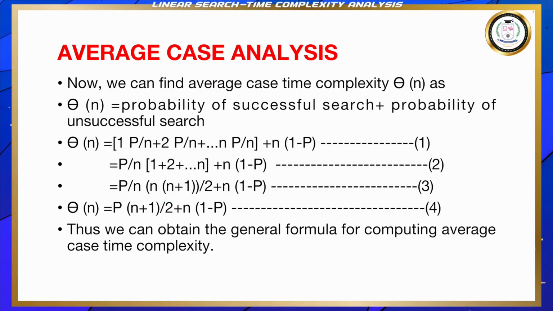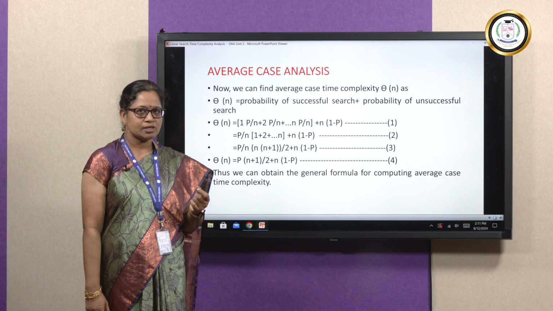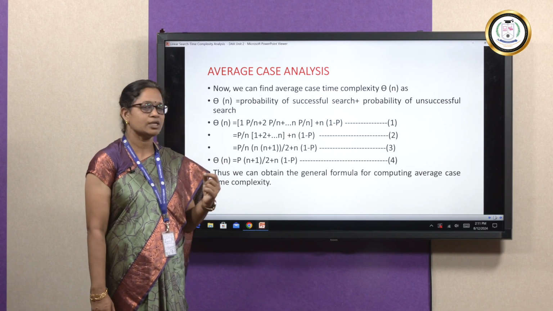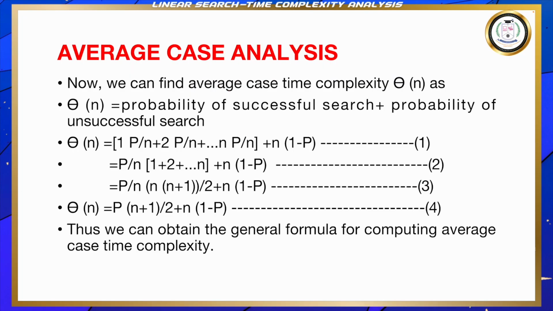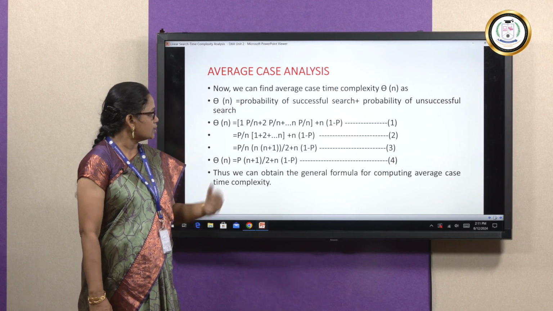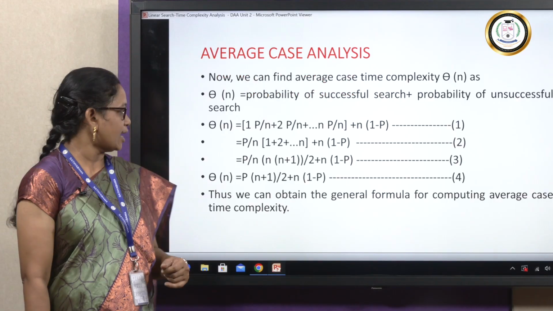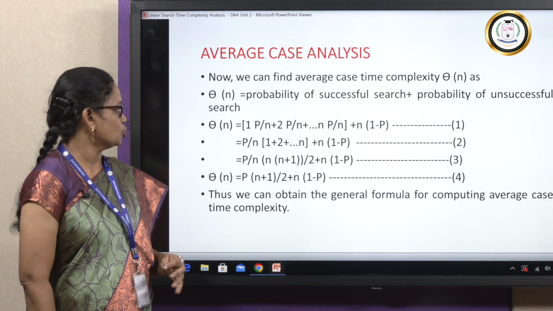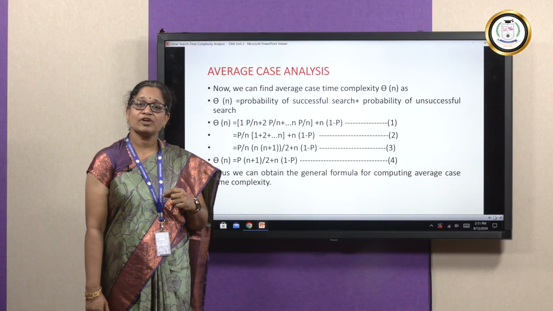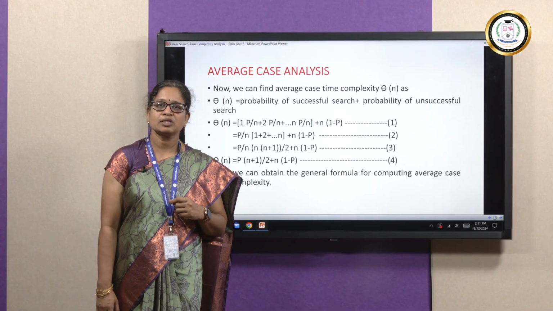In the first term, you can take p by n as common. When you take the common term outside, that is p by n, you write the remaining terms inside, that is 1 plus 2 plus 3 up to n, plus the probability of getting an unsuccessful search, that is n into 1 minus p. So in the third equation, we get p by n into the sum of natural numbers 1 plus 2 plus 3 up to n.